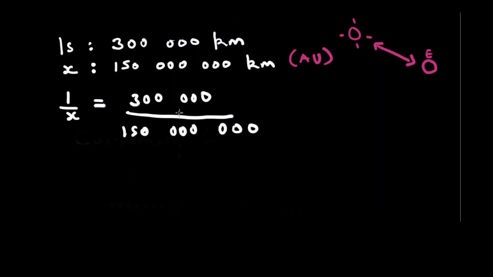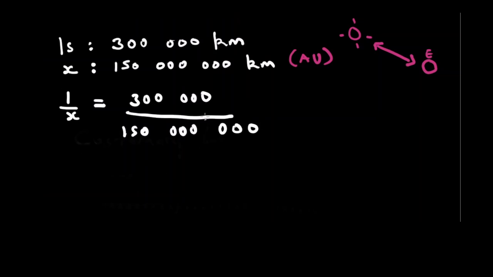When you write your proportional statements, you should make sure that your first statement is correct or it is true. In 1 second, light travels a distance of 300,000 kilometers. We now need to find out how many seconds does light need to travel a distance of 150 million kilometers, which is our astronomical unit.